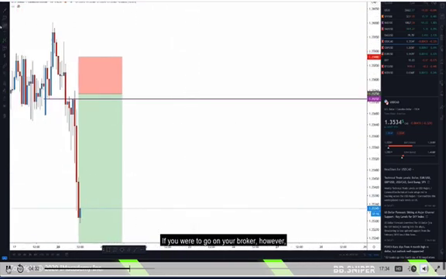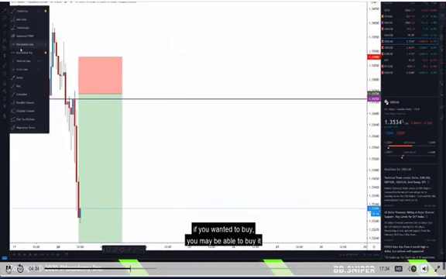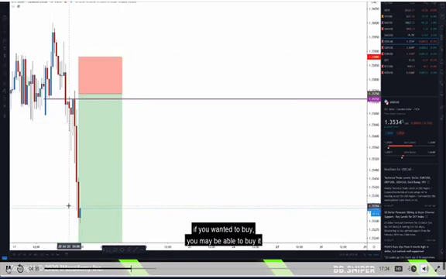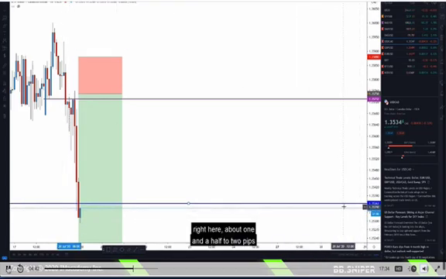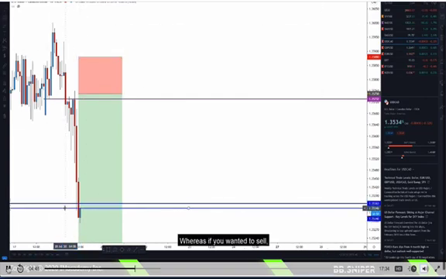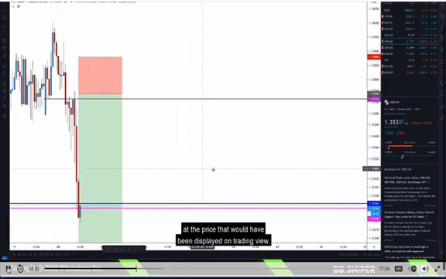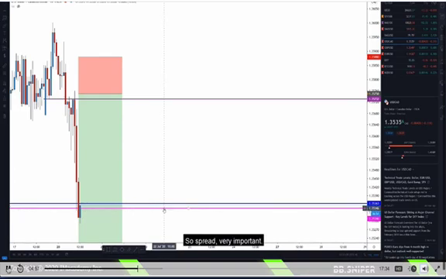If you were to go on your broker, however, if you wanted to buy, you may be able to buy it right here, about 1.5 to 2 pips above the current market price. Whereas if you wanted to sell, you may be able to execute immediately at the price that would have been displayed on TradingView. So spread, very important.